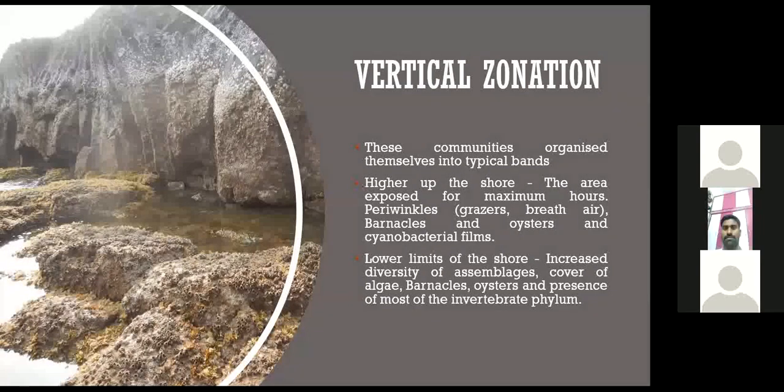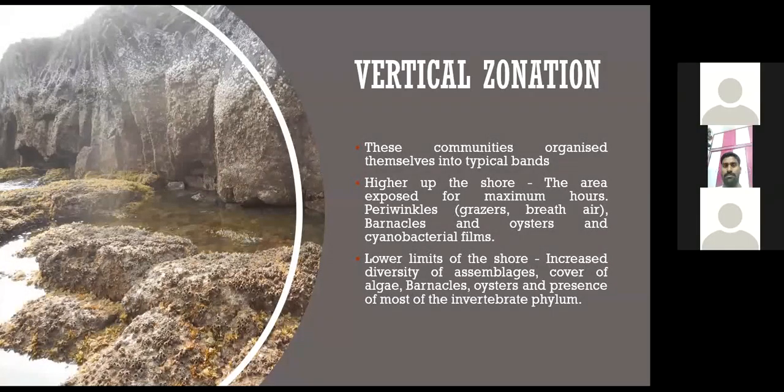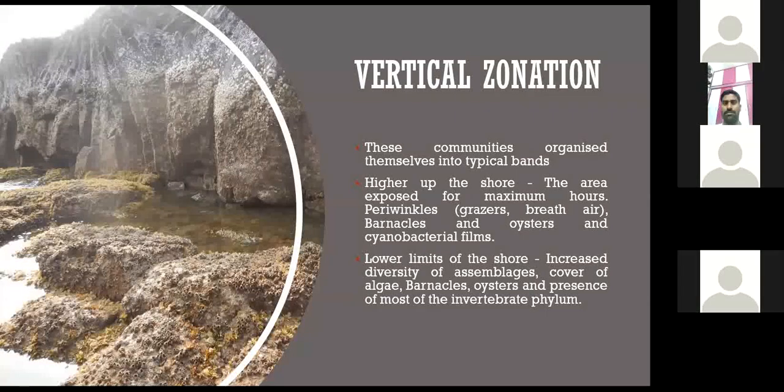Certain cyanobacterial films and a few algae also inhabit these places. As you move down towards the lower regions of the shore, you find increased diversity, more assemblages and complex biodiversity.